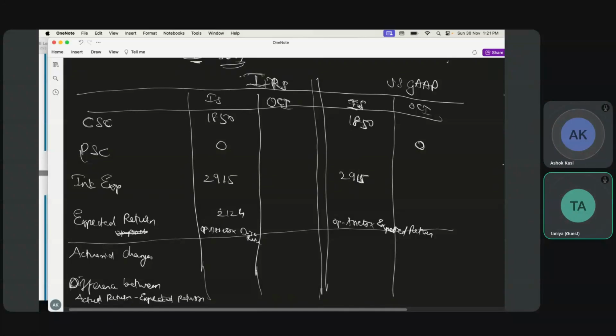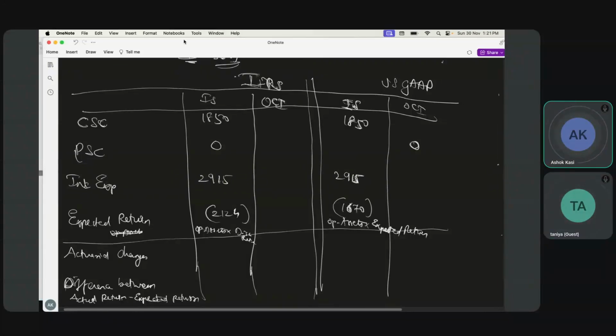Now this is a positive number, right? So I will write it negatively. And here that is also negative. This is the expected return, right? With 6%, it will be 1699. We can round it off to 1700, but it will be in minus.